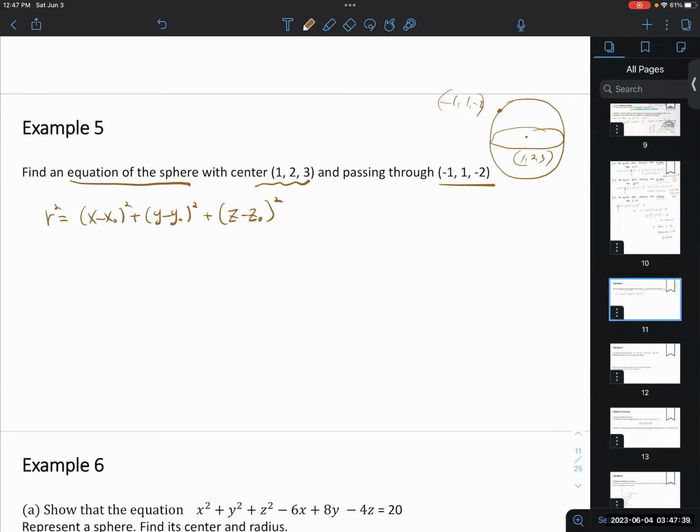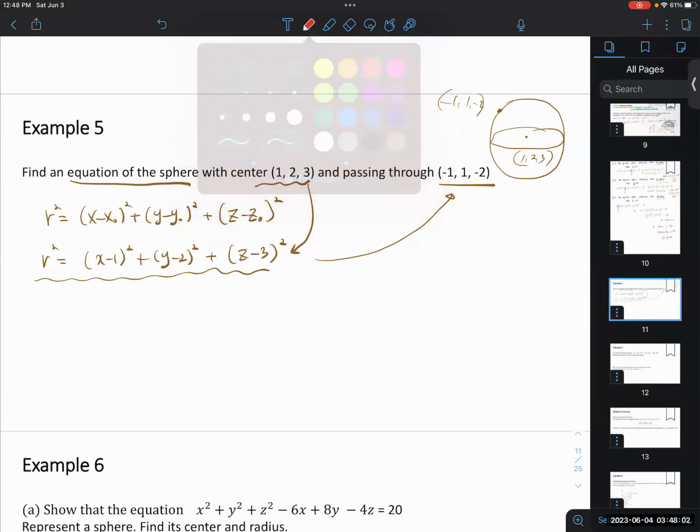We are going to get r squared equal to (x minus 1) squared, (y minus 2) squared, (z minus 3) squared. Am I correct? Okay. So we use the center, and this sphere is passing through (-1, 1, -2).